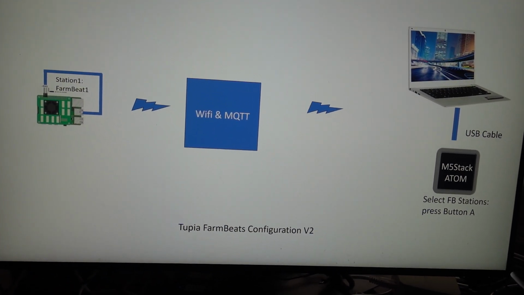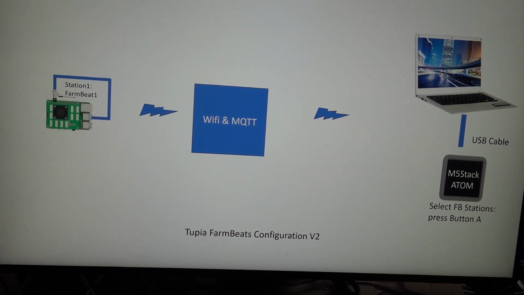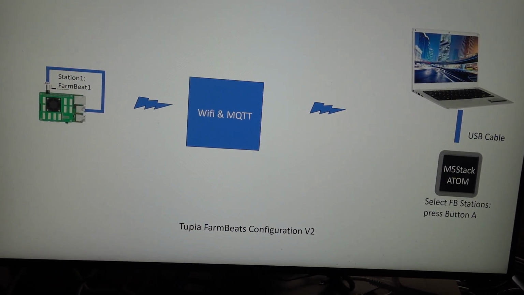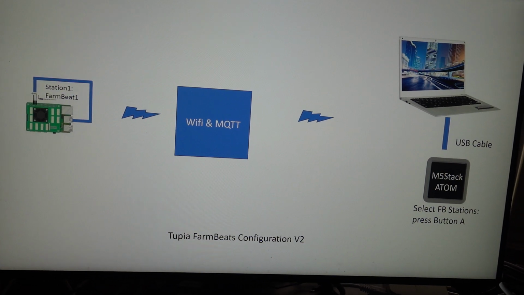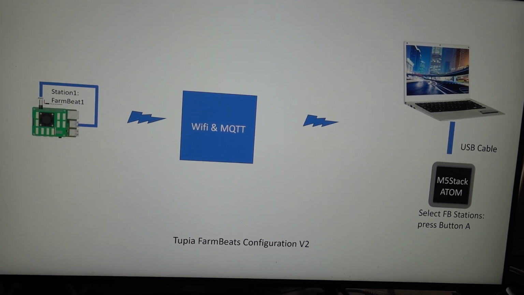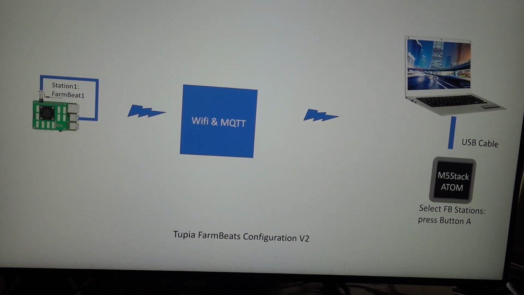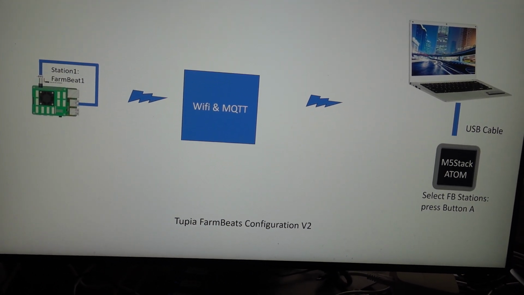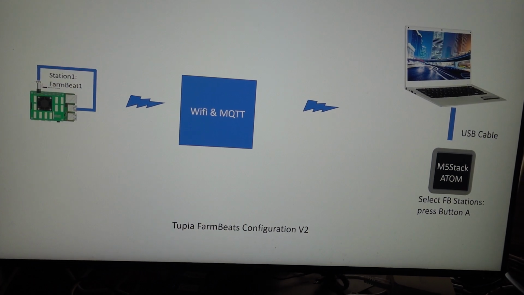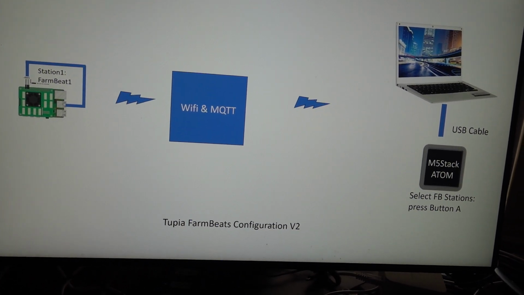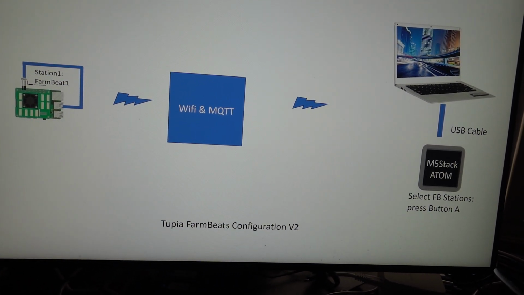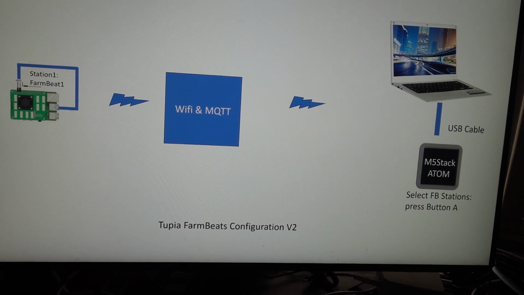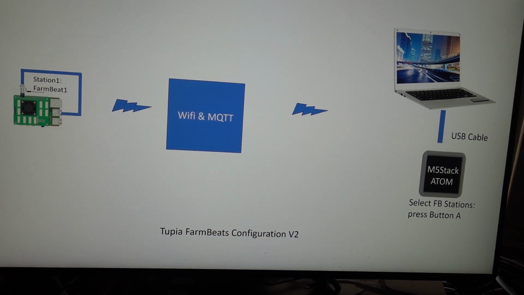Now I extended it to configuration number 2, and it uses a loopback from the USB port back into the USB port on the FarmBeats. The only thing here is that there is a TTL to USB converter included in that link on the FarmBeats.